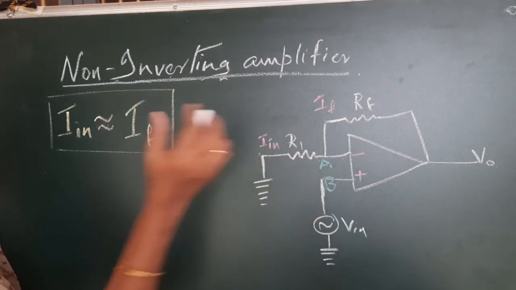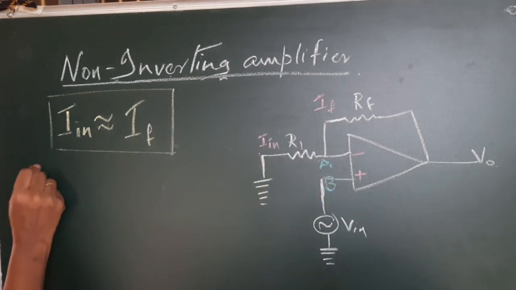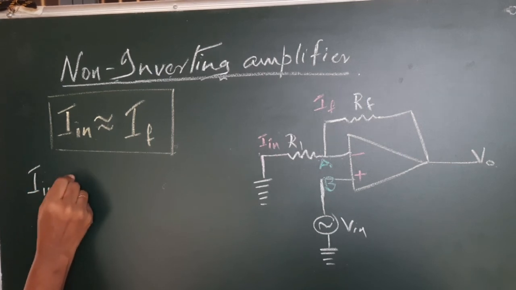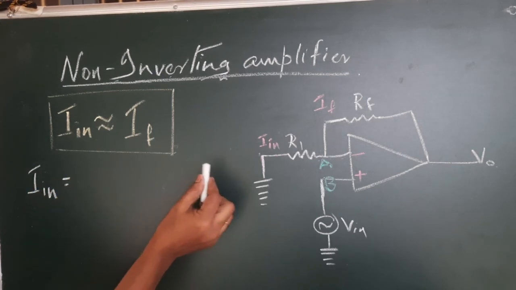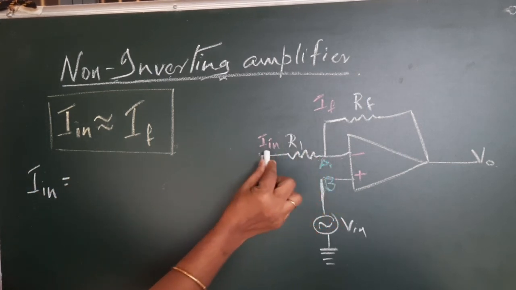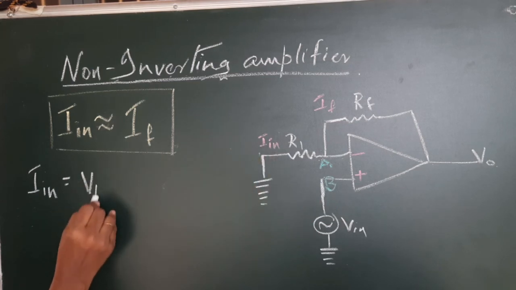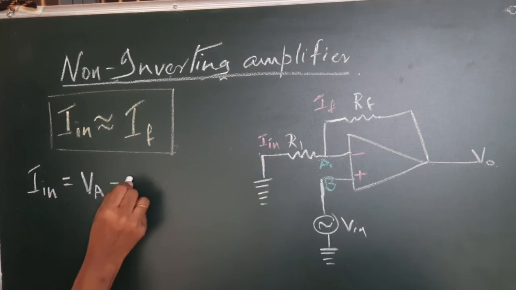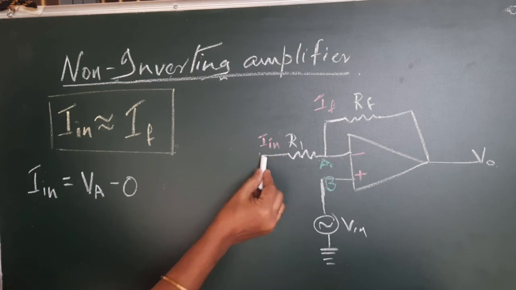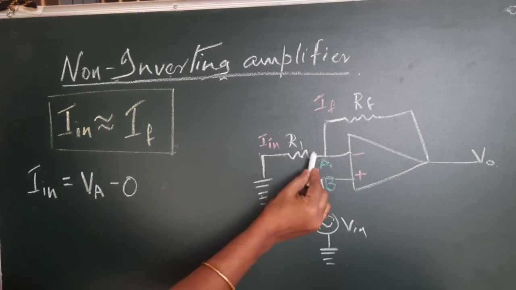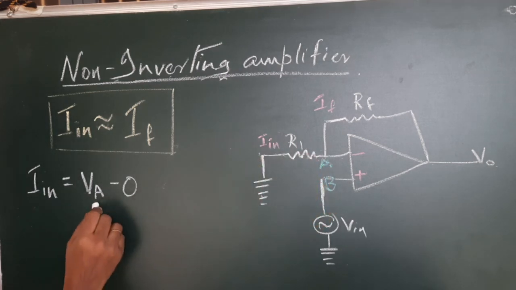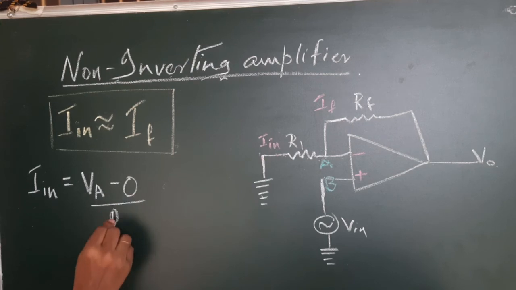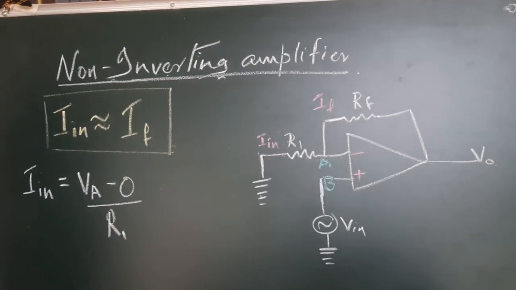So in order to find the current I in, we can write it as VA minus 0. 0 is the potential at this end, VA is the potential at the other end, divided by resistance R1.